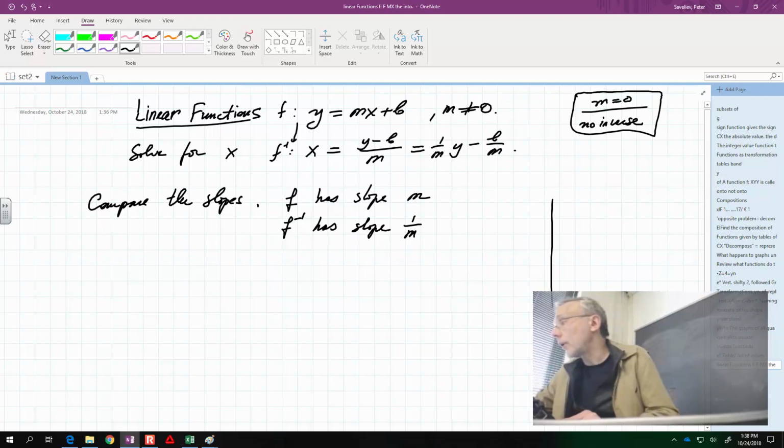And so that is a very specific relation between two graphs. So for example, if I go with the graph that is y equal to 2x, then the other graph will be like this, slope 1/2.